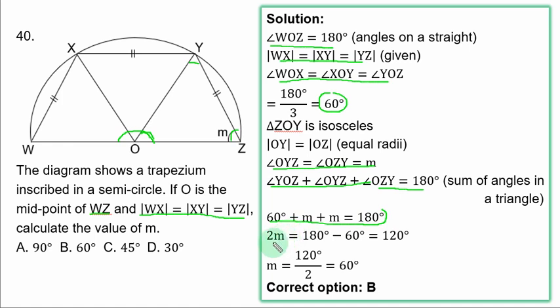So 2M equal to 180 minus 60 degrees, and that is 120 degrees. To get M, divide both sides by 2. M is equal to 60 degrees. B is the correct option.